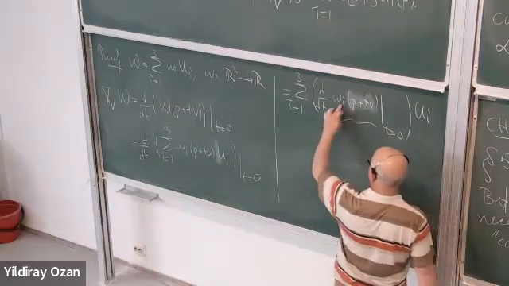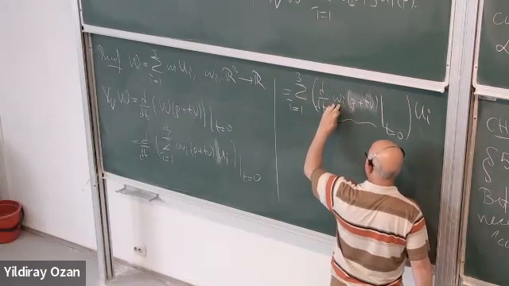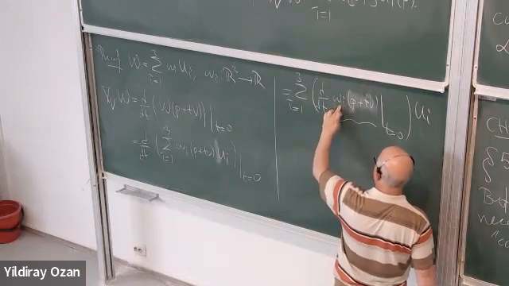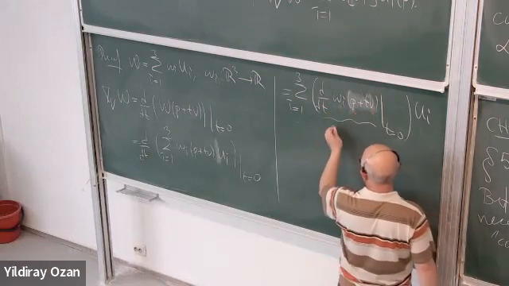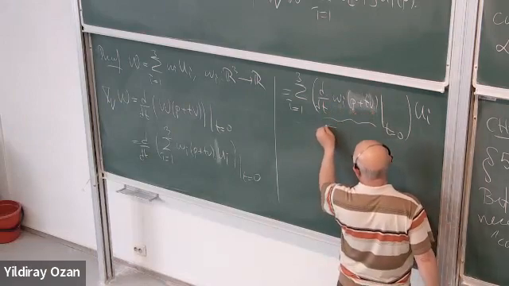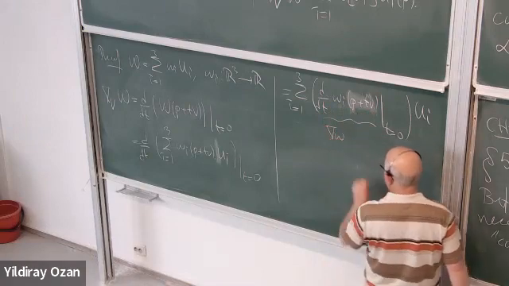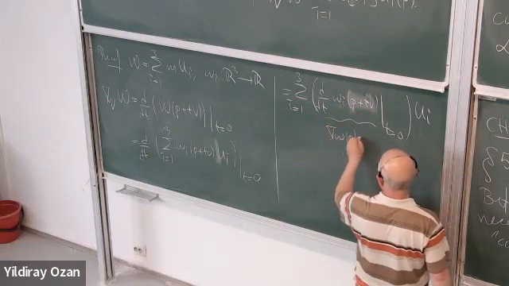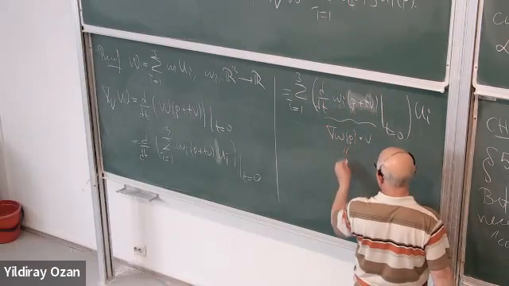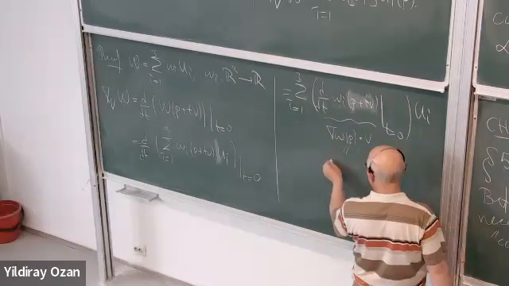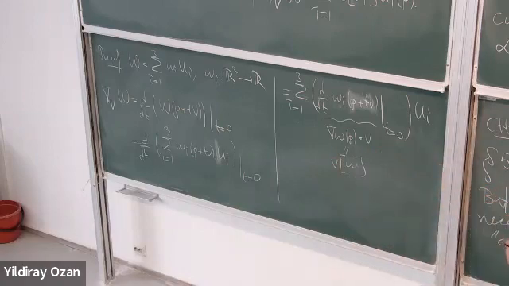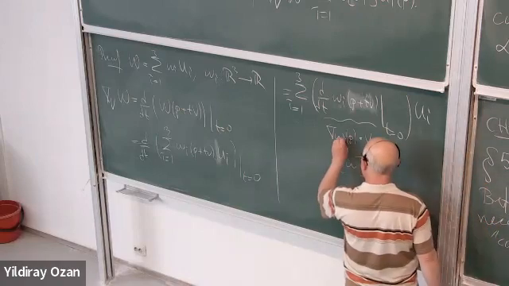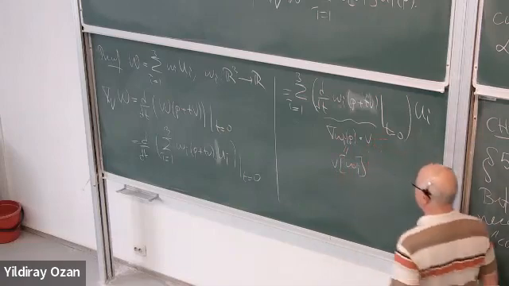This is the directional derivative of the function Wi at the point P along the vector V. If you want, the gradient of this function dot product V, or just V of Wi.